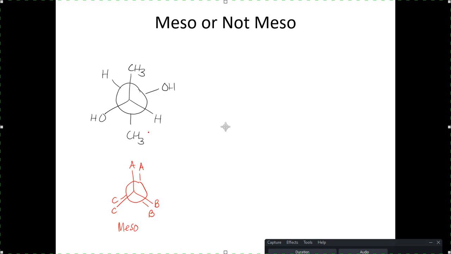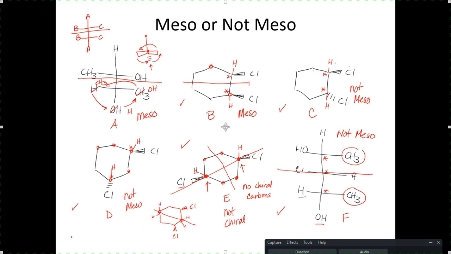So this would be what you would be trying to form, a meso Newman projection. Okay, and the first test of whether a Newman projection, or if I go back here to this Fischer projection, is a Fischer projection can only have the potential to be meso if the same 3 groups are attached to the top carbon as are attached to the bottom carbon. If these are 3 different groups on the top carbon and the groups on the bottom carbon are different, they're not the same 3 groups, then it cannot be meso.